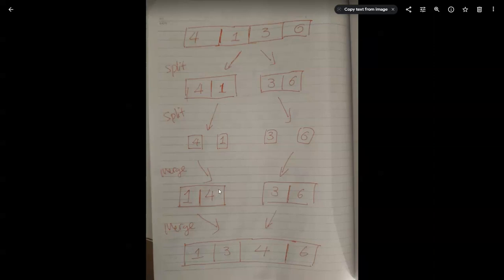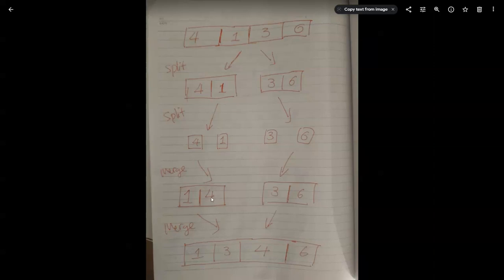So when we merge them, we compare each of the elements as we look through them. For example, the first element is 1, and we compare that against the first element of the other array, 3. 1 is smaller than 3, so the 1 will go to the first spot. And now the 3 will be compared against the 4. 3 is smaller than 4, so 3 will be in the second spot.